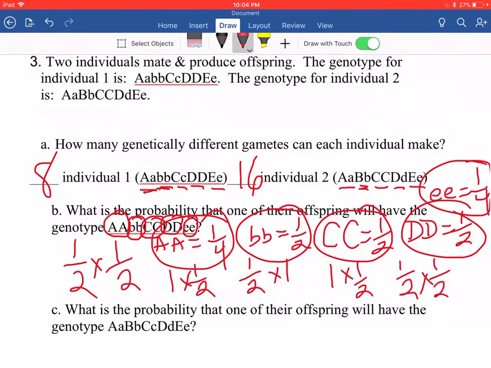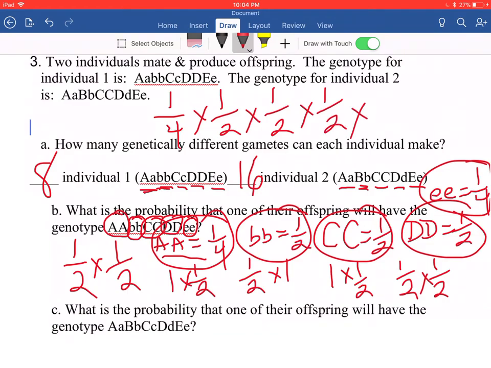So the probability of having that offspring with that particular genotype is the probability of getting big A, which is 1/4, times the probability of getting little b, which is 1/2, times the probability of getting big C, which is 1/2, times the probability of getting big D, which is 1/2, times the probability of getting little e, which is 1/4. And so the probability is actually 1/128. Okay? So that is how we can figure out what the probability is of a particular offspring getting that genotype.